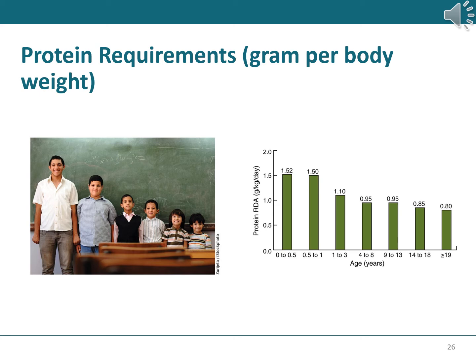Say you compare that to a relatively small adult, an adult that weighs 100 pounds. They are going to have a weight of 45 kilograms. And then you would take that 45 number in kilograms and multiply that by 0.8, and that's going to give you something around 35 grams of protein.